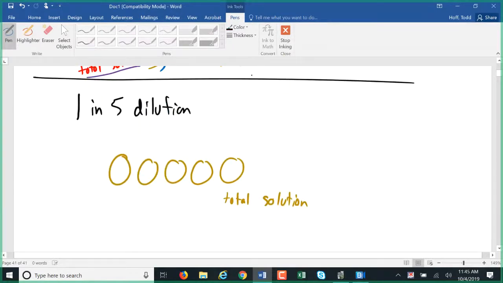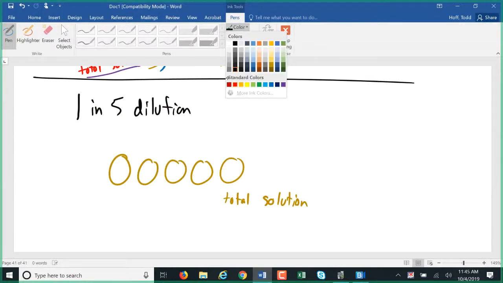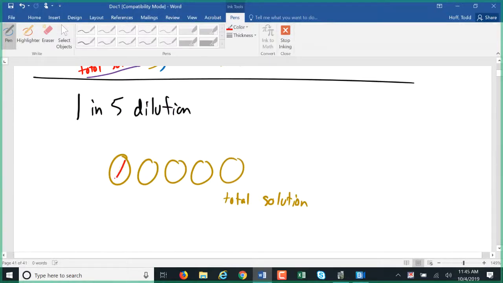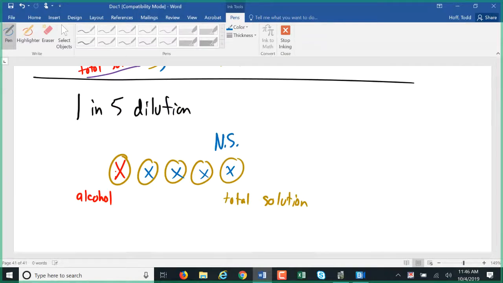So in that 1 in 5 dilution, we had 5 parts total solution. And we said that one of those parts was our serum, in this case alcohol. So the question I pose is, what are the other 4 parts? That is the sterile water, neutral solution, called NS.